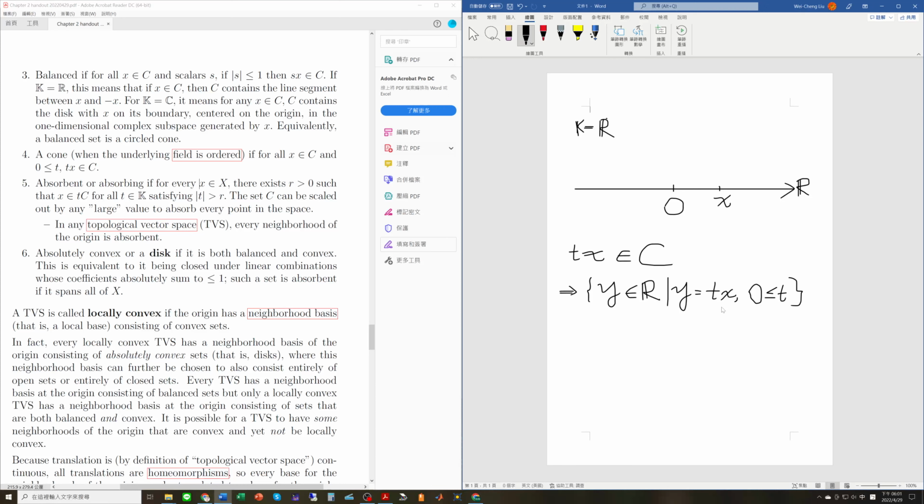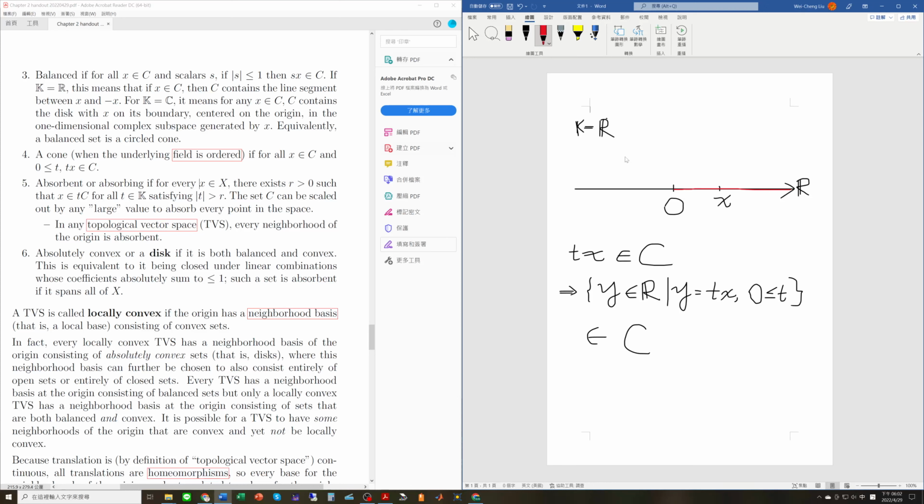It means that for all numbers x times t, where t is greater than or equal to 0, tx is in C, that is, y is in C. So the graph of this set is equal to all the positive real numbers, union with the origin, like this.